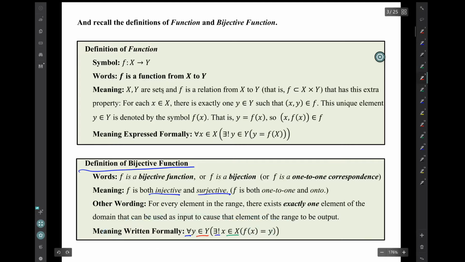So these two formal expressions look very similar, but they are subtly different. The orders of the quantifiers are different. In the expression up here, the x is in front, and in the expression down here, the x is the second quantifier. In the expression up here, the y is in the second quantifier, and in the expression down here, the y is in the first quantifier.